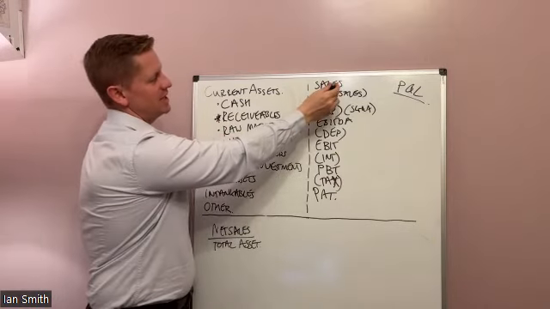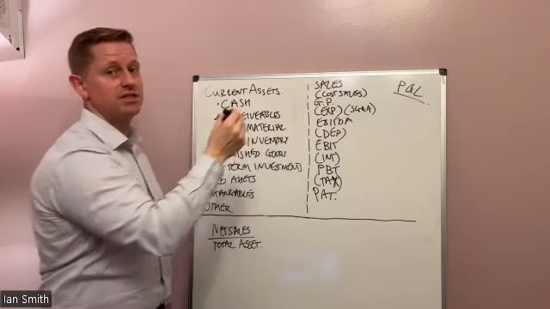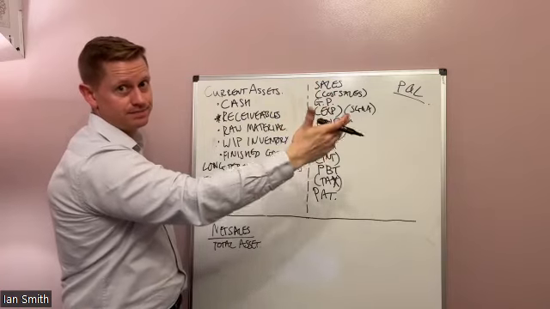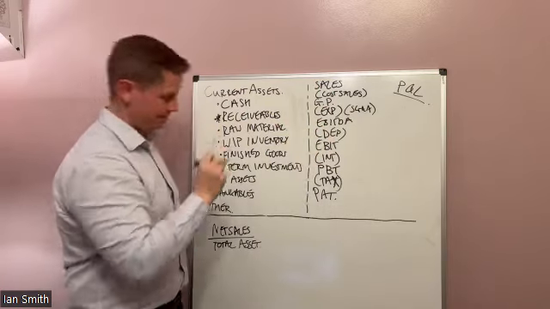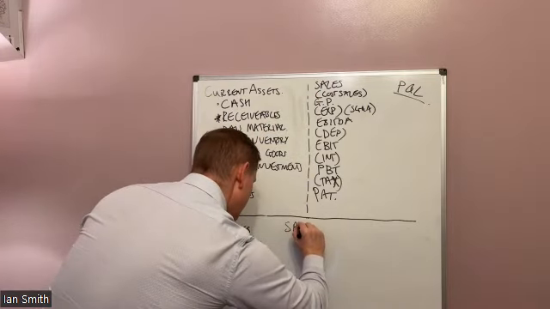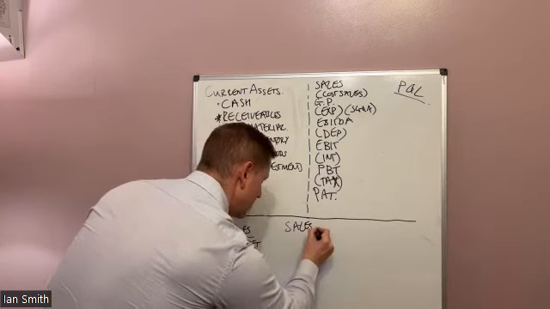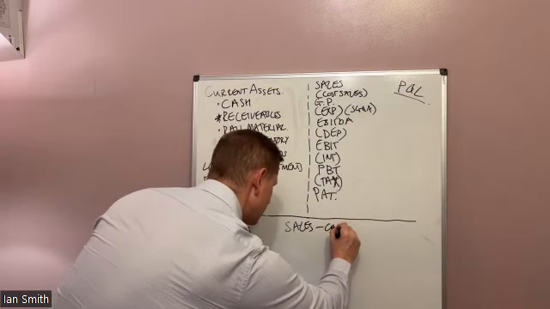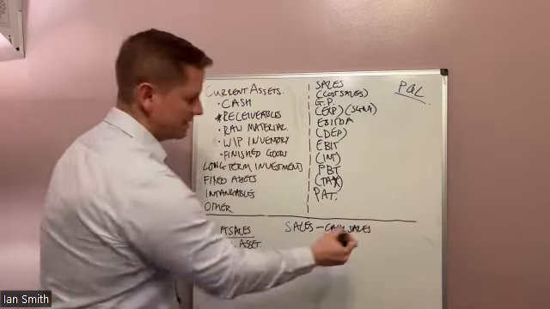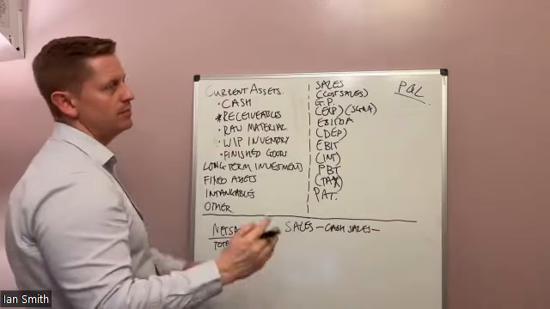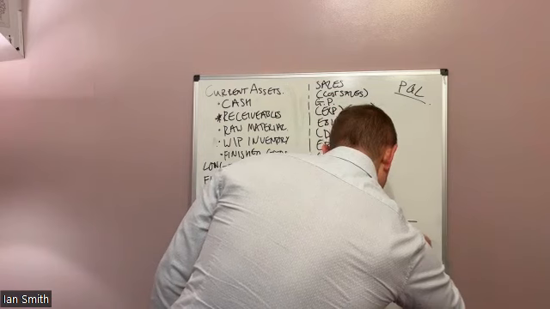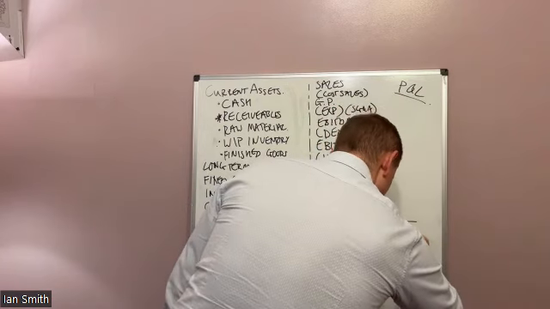So the reason why we need to look at net credit sales is to determine how much sales are issued on credit per day. So we'll look at the sales first, and we're going to minus cash sales. We're going to minus any discounts or returns, or both if they're allocated on the P&L.